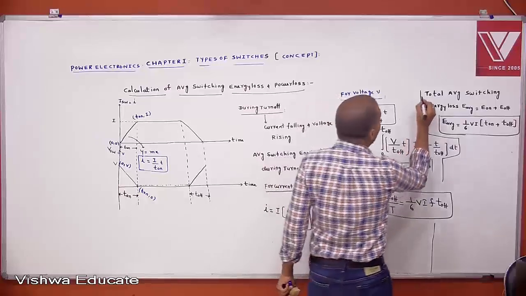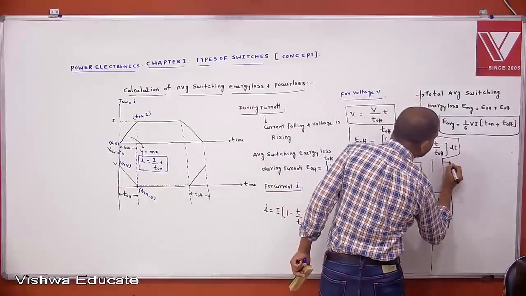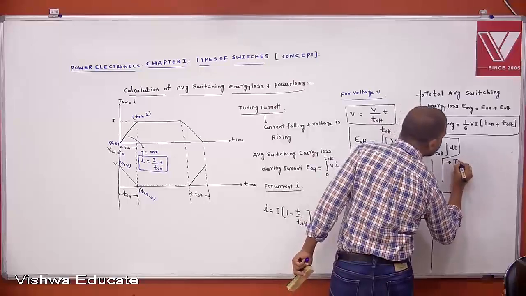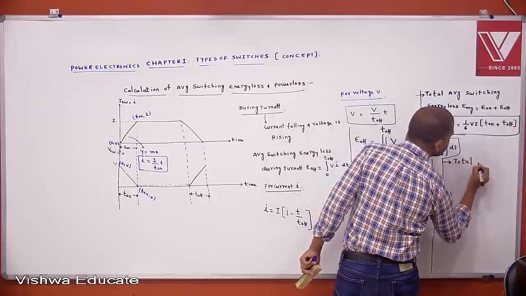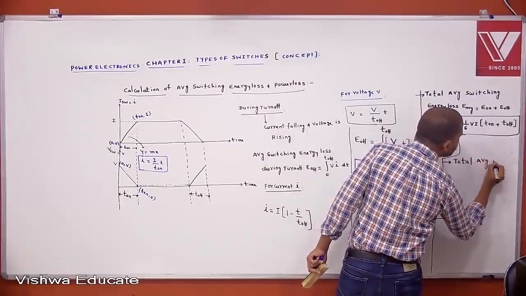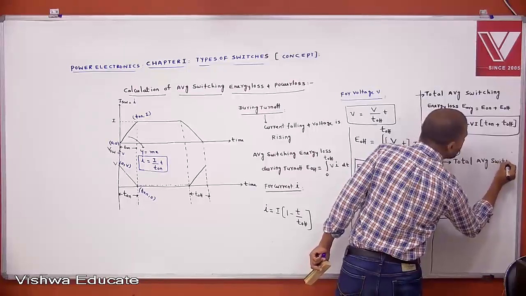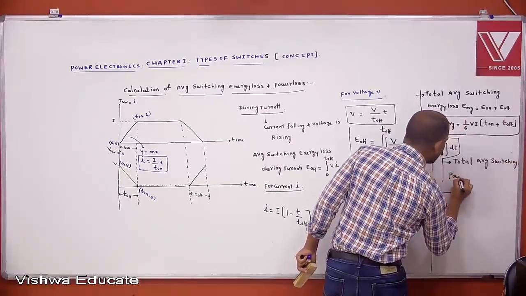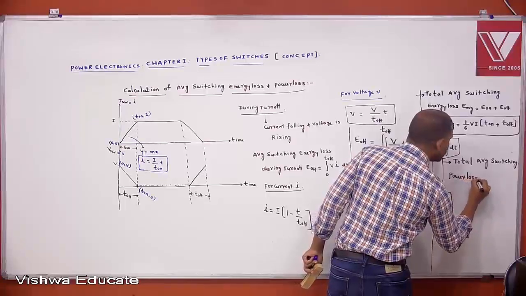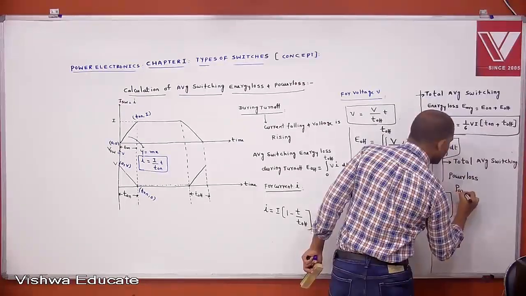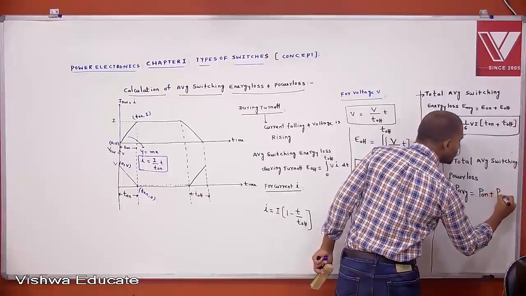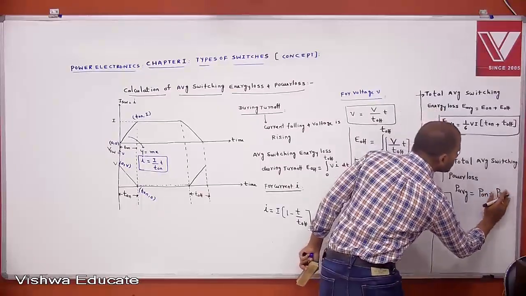Similarly, what is the total average switching power loss? Total average switching power loss, P average equal to on state switching power loss plus off state switching power loss.